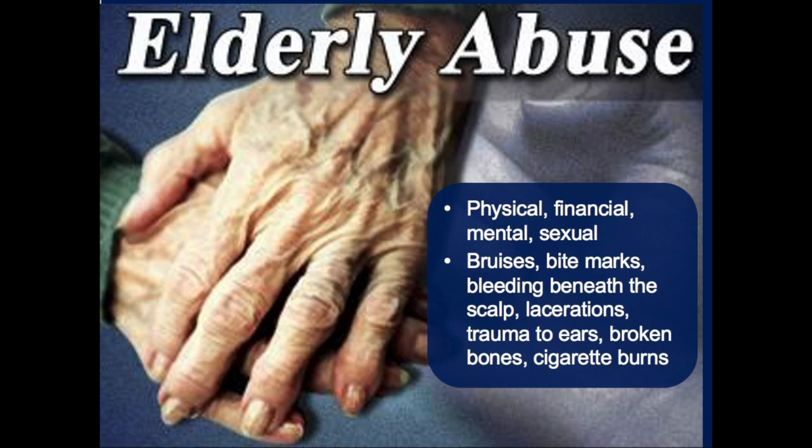And what I mean by that is someone may take over their finances where they're getting their monthly income checks from retirement or Medicare and not properly allocating those funds to the patient and using them for the patient, but rather taking those funds for their own use and not providing the person with the care that they deserve or that financially they're entitled to. Elderly patients can also be subjected to mental abuse.